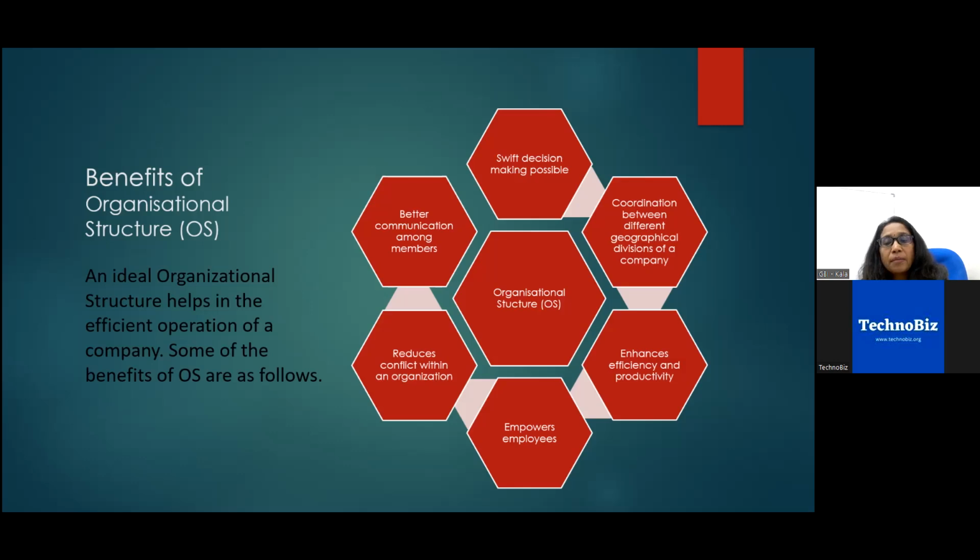Okay, and then better communication among the members of the organization. Organizational structure can also establish excellent communication between the management, supervisors, and the workers. Okay, in this way, it promotes an effective flow of information at the workplace. So that is why organizational structure is very important.